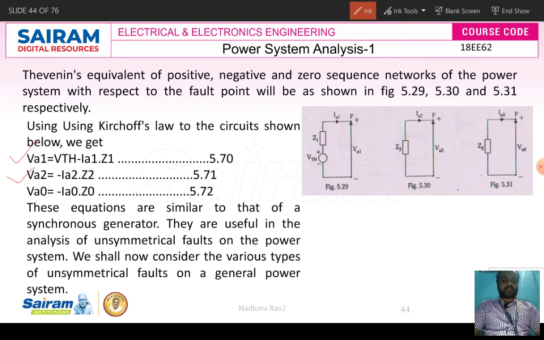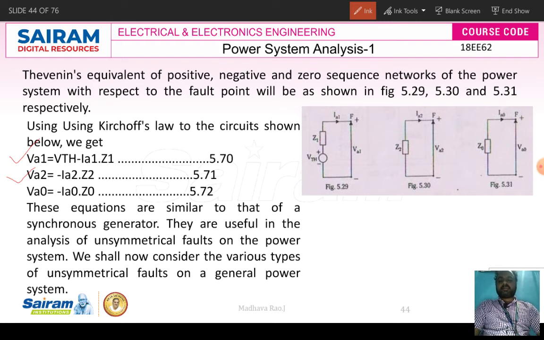Already in previous videos we have discussed synchronous generator positive, negative, zero sequence voltages. So these equations are also similar to the synchronous generator equations. So they are useful in the analysis of unsymmetrical faults. So we will use these equations to analyze the unsymmetrical faults on the power system, right?